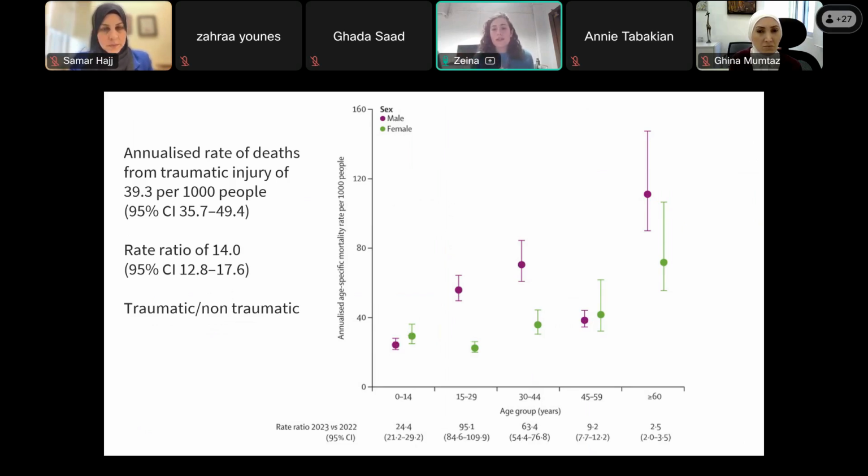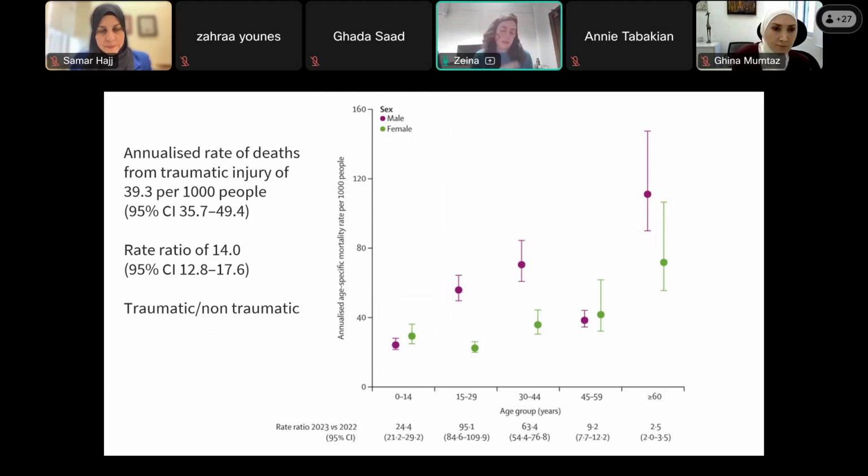The other issue is that within males, you also see a potential targeting of males, especially for 30 to 44 years, where they can be combatants, but they also can be people who were going out to get food, and especially young people trying to get food. They were attacked, and we've seen multiple reports of that.